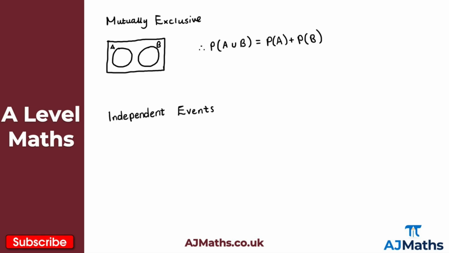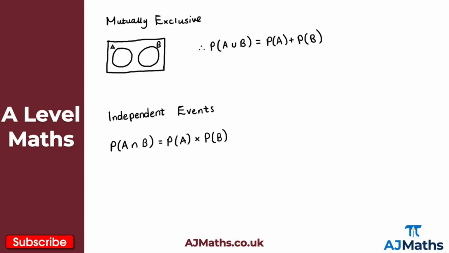For independent events, we have a way of checking whether two events are independent: the probability of A intersection B is equal to the probability of A times the probability of B. This gives us a way to check whether the events A and B are independent. That's all we need for our introduction to mutually exclusive and independent events.